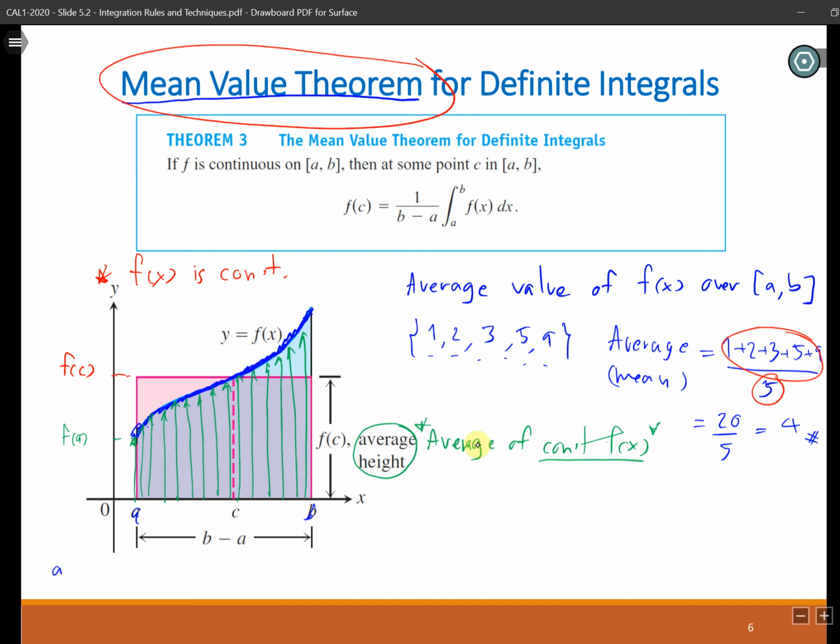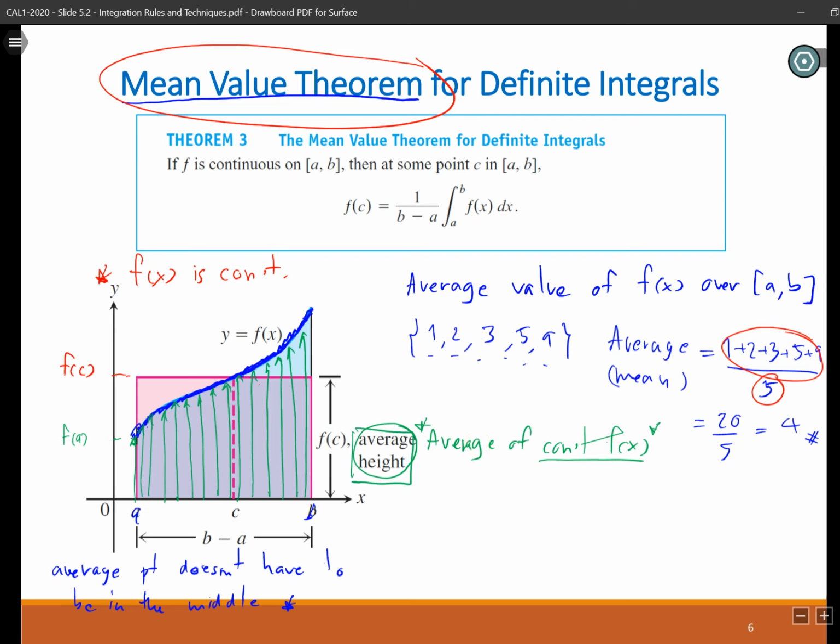The average point doesn't have to be in the middle. It depends on the shape of the graph. All right. So for this definition of the average value of a continuous function, it's the average height.